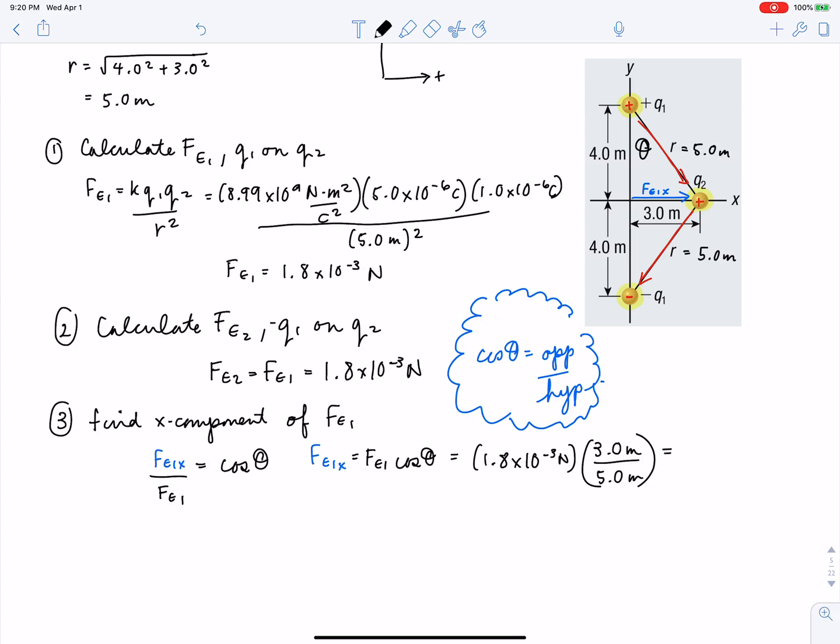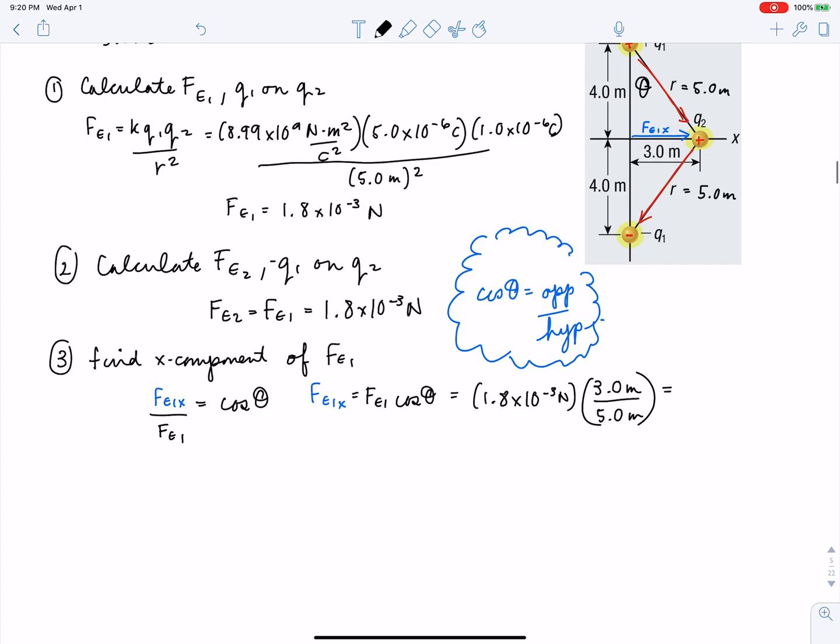If we punch this into our calculator, we get the x component is 1.1 times 10 to the power of negative 3 newtons to the right.